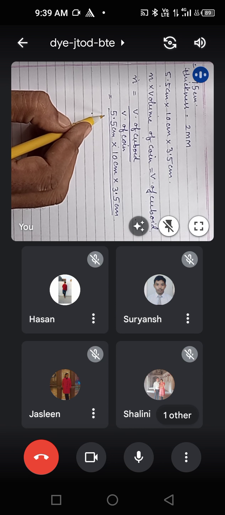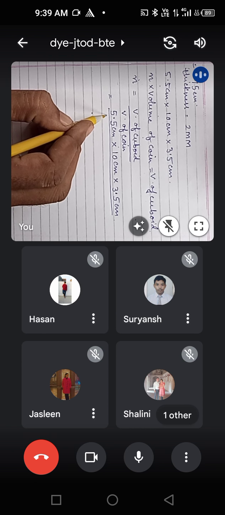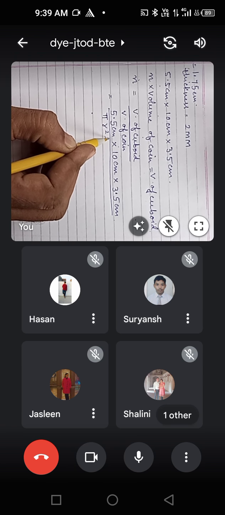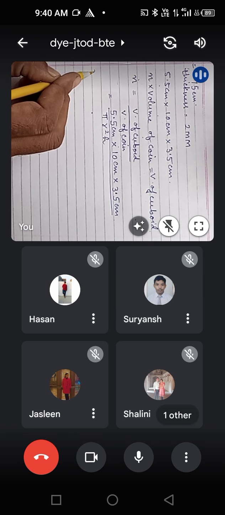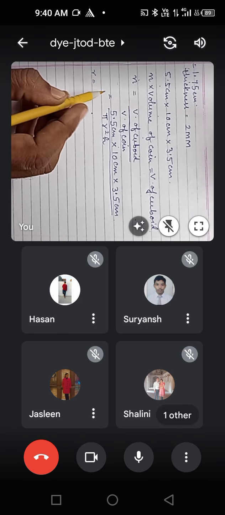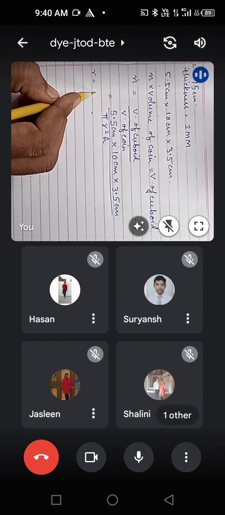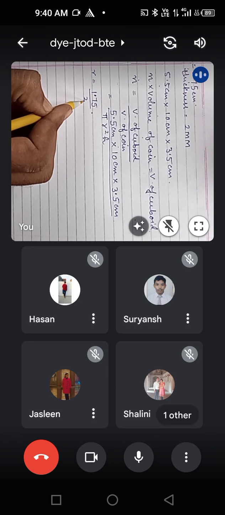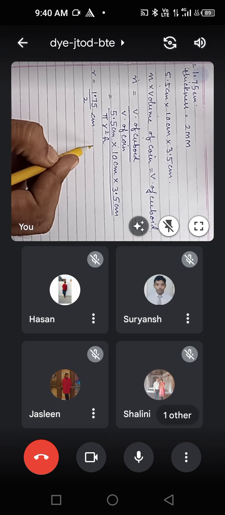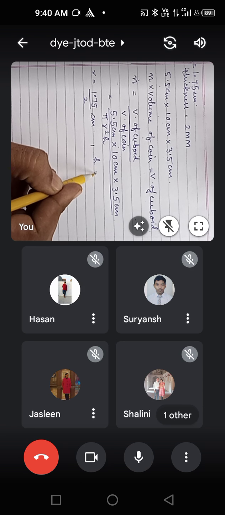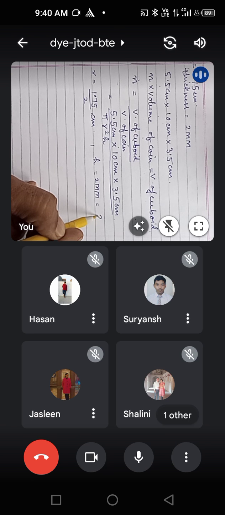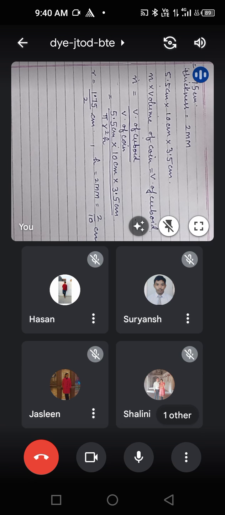So it is cylindrical, so its volume will be pi r square h, where the value of r is given as diameter, so r is 1.75 by 2 centimeter, and the height is equal to 2 millimeter. That means 2 upon 10 centimeter. This point is okay.